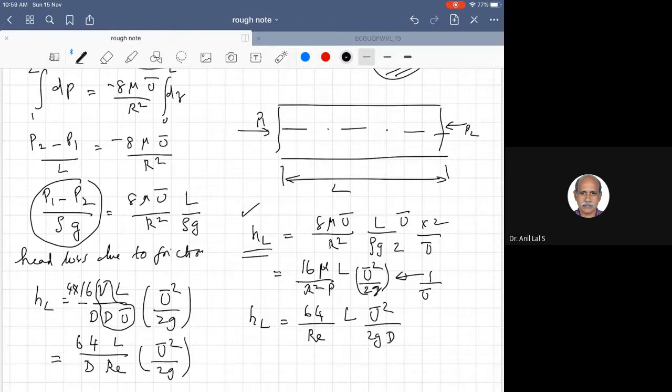This 64 by Re is called the friction factor. If we take this as friction factor f, that is the popular equation f L u bar squared by 2gD, which we get from the Hagen-Poiseuille velocity equation.